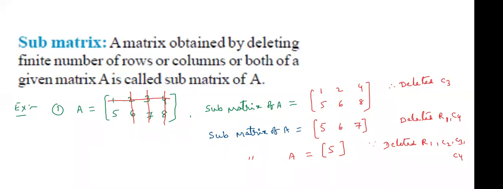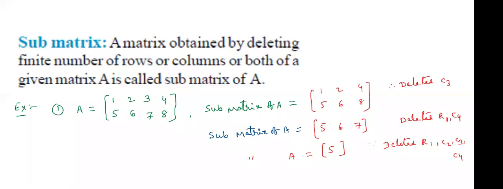Why are we deleting? Because we need to find the rank of the matrix. Whenever we want to find the rank, the matrix should be a square matrix. If it is a rectangular matrix, we can eliminate rows or columns and convert it into a square matrix.